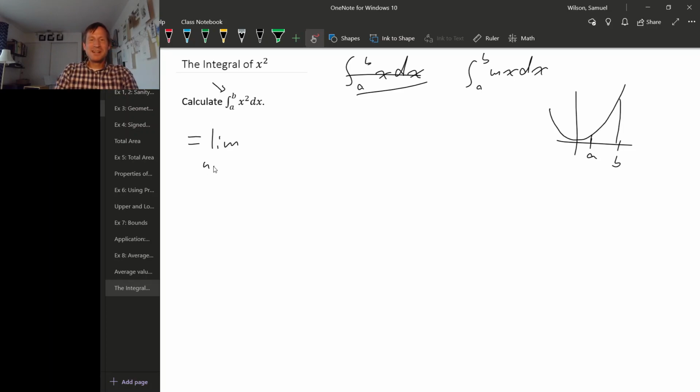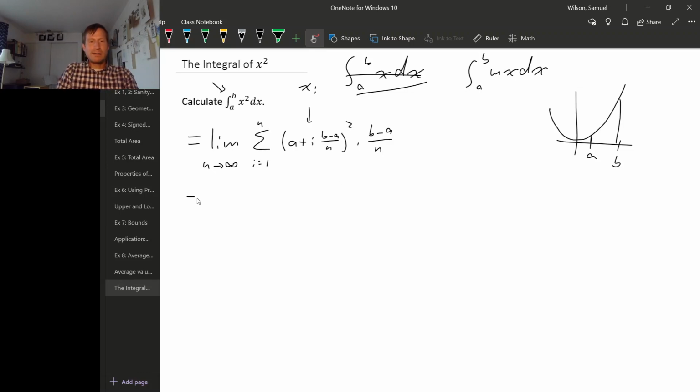So let's do it. Limit as n goes to infinity of the sum from i equals 1 to n of, so we have to write the squared function, and we have to put x sub i in here. So that's (a plus i times delta x) squared, where delta x is (b minus a) over n, and then times delta x on the outside, and that's (b minus a) over n.